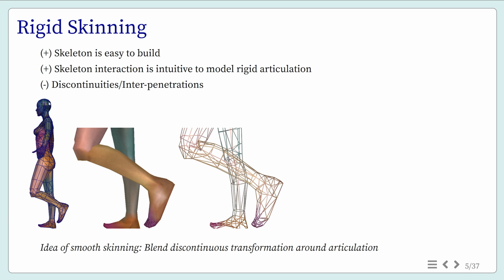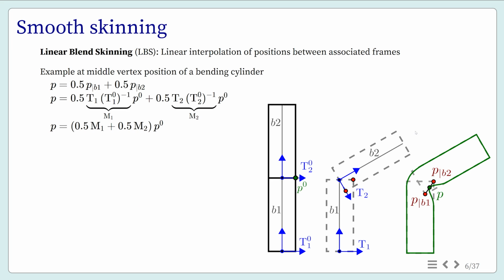So to avoid these discontinuities and self-collision, we can use something called smooth skinning, where the idea is to actually blend the transformation around the articulations. This smooth skinning is also called linear blend skinning, because we are going to linearly blend transformations.